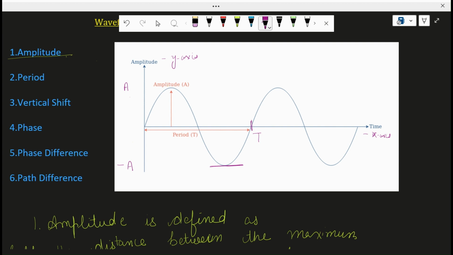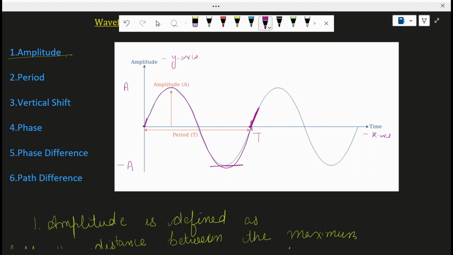We see that the waveform started initially at t equal to 0, and then it moved through this path, and at point T, it again started moving on the same path.